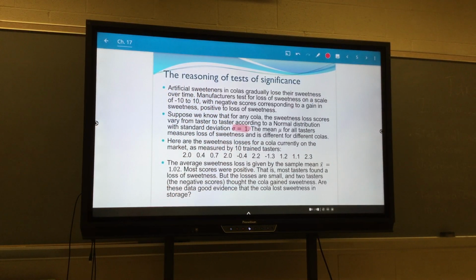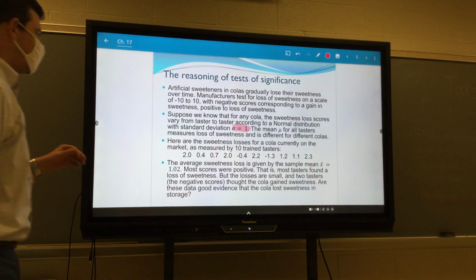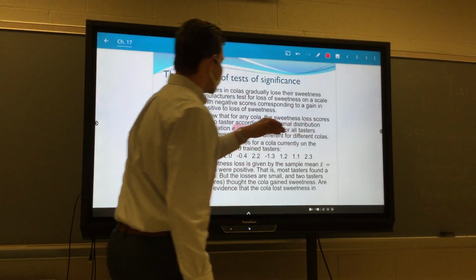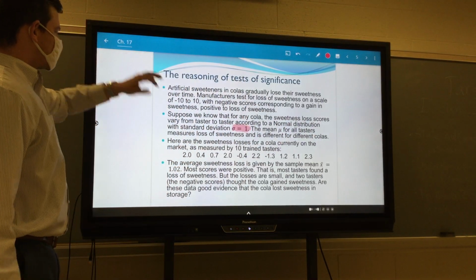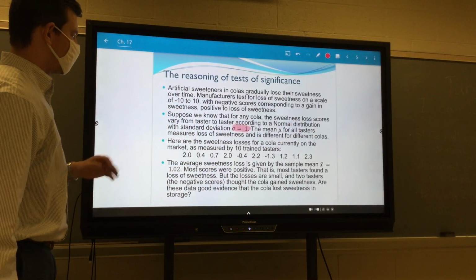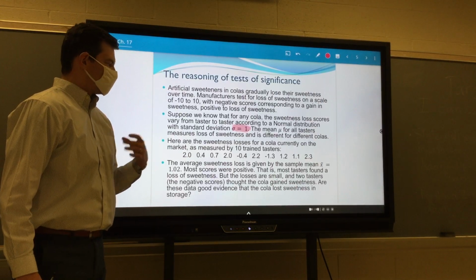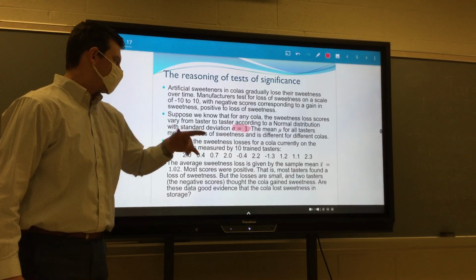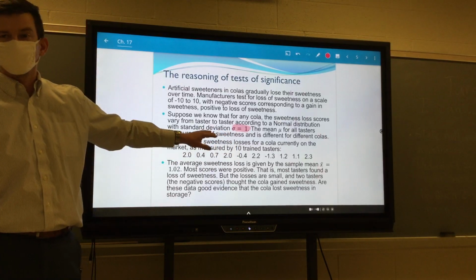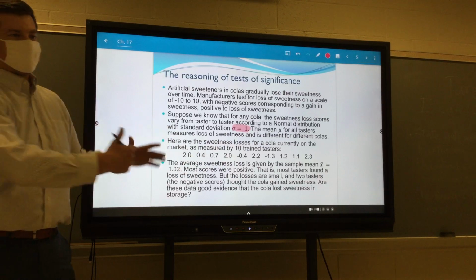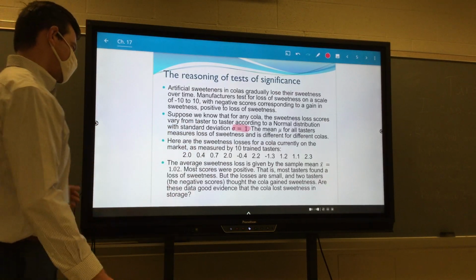The mean, mu, for all of these tasters measures a loss of sweetness and is different for different colas. Okay? So here are the sweetness losses for the cola currently on the market as measured by 10 trained testers. So admittedly, that 10 is a pretty small sample size. But let's go with it here for our initial analysis.